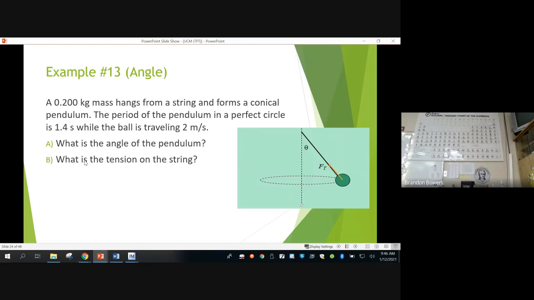I'm given my velocity at 2 meters per second. So what's 2 squared? And to find r, you have to plug it in this equation. That will get you r. Then you'll just solve it. So you're going to solve for r right here and plug it in over there.